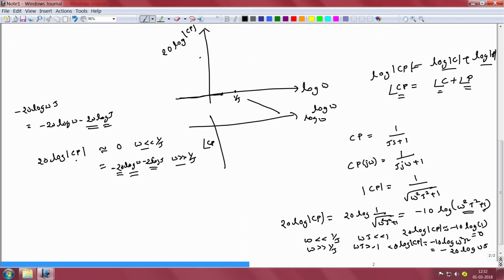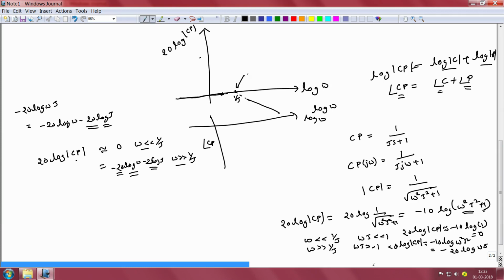So, we see that by having the x axis be log of omega, we are at least in some limits able to represent the transfer function C P of j omega as two straight lines. What is often done is to extend these straight lines with dotted lines, if you wish, which meet together at the point 1 by tau.